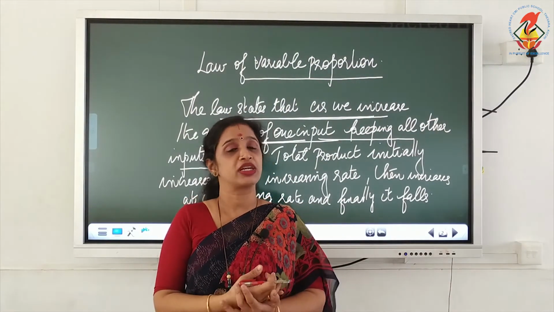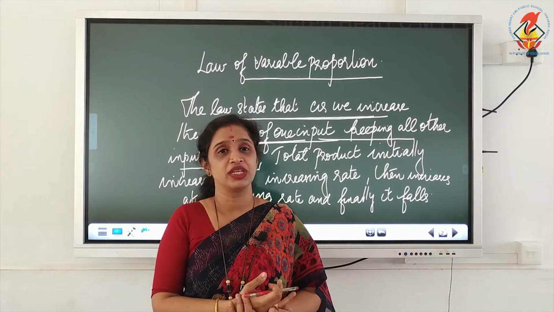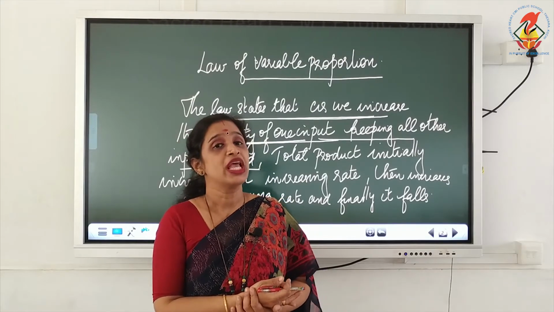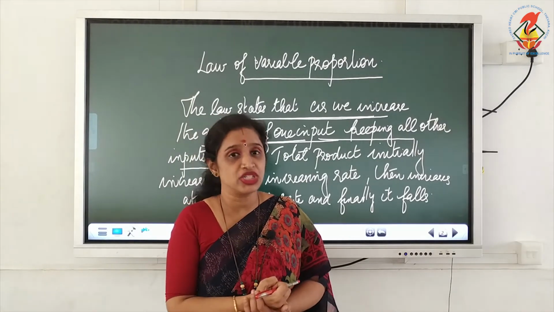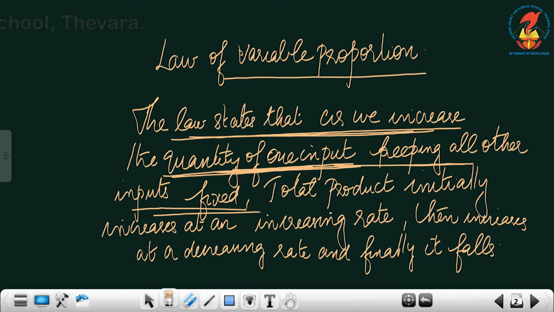You know the four factors of production. Now, if a producer is trying to increase the quantity of output by changing the quantity of one input, the law states that we increase the quantity of one input by keeping all other inputs fixed.